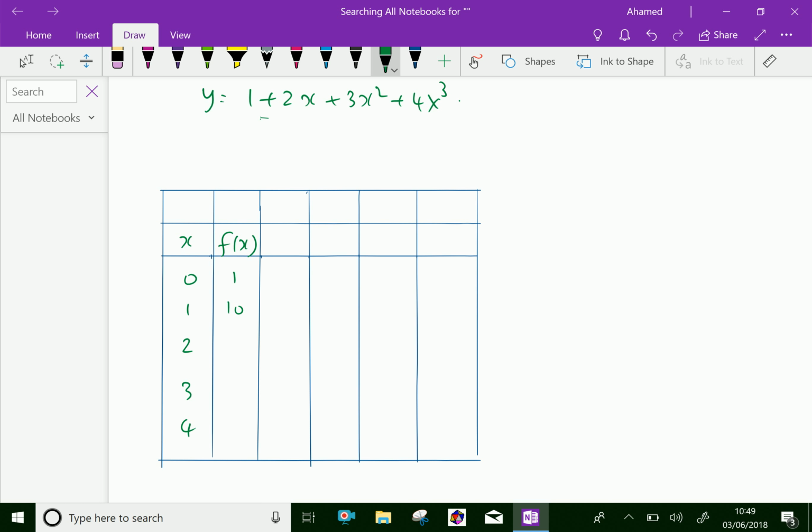For x equal to 2, y is 49, then 142 and 313. By using the x values we get the f of x, that is, the y values.